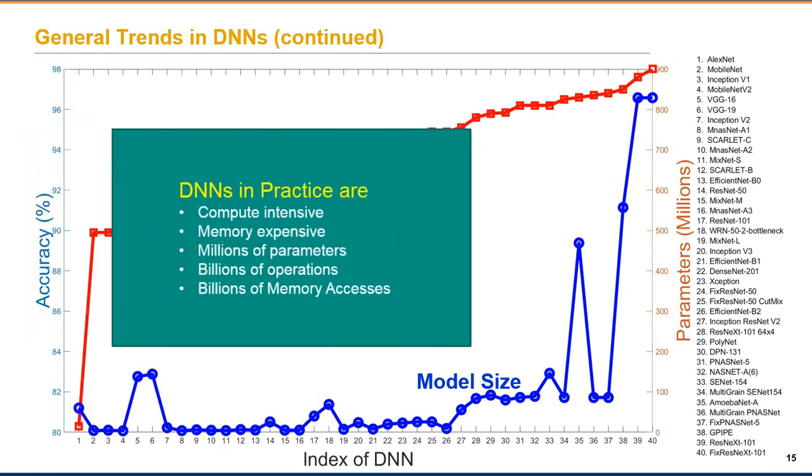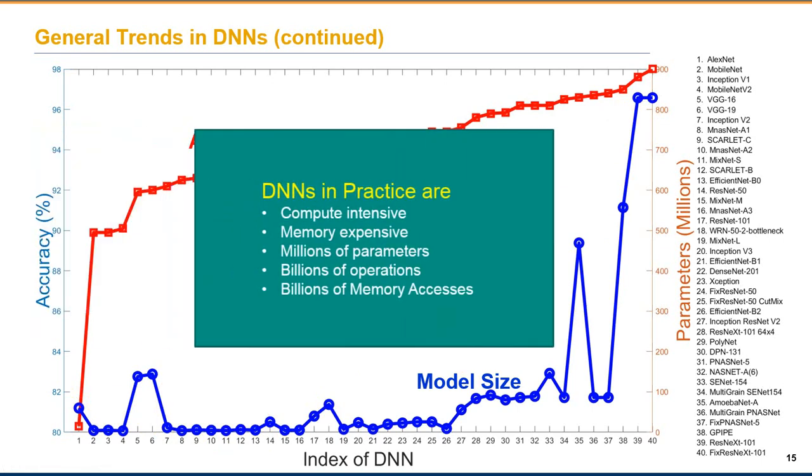Therefore DNNs require a lot of computation and a lot of memory, because they have millions of parameters, and millions or billions of operations are required to process them. If we have small on-chip memory for our DNN processor, or DNN accelerator, we will require billions of memory accesses.